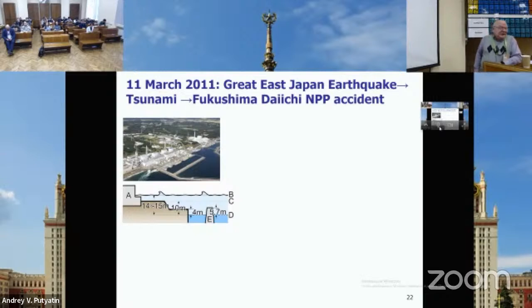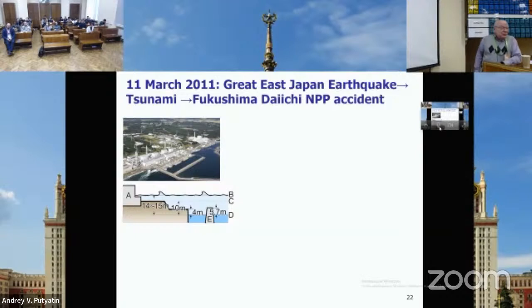But the height of the tsunami wave was 15 meters on the site. So the tsunami easily overcame this wall and flooded all the site of the nuclear power plant.